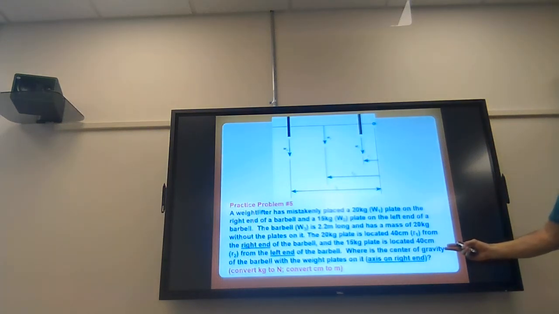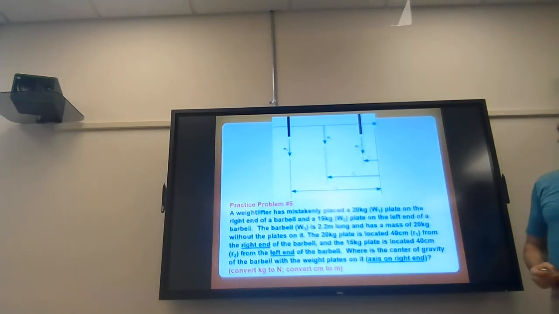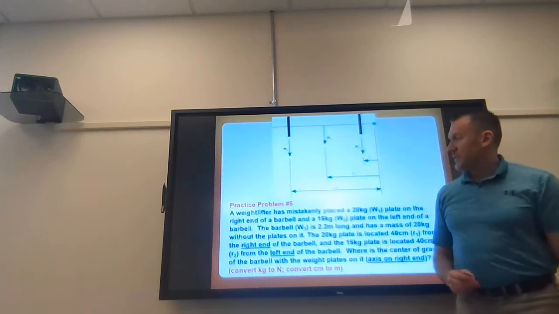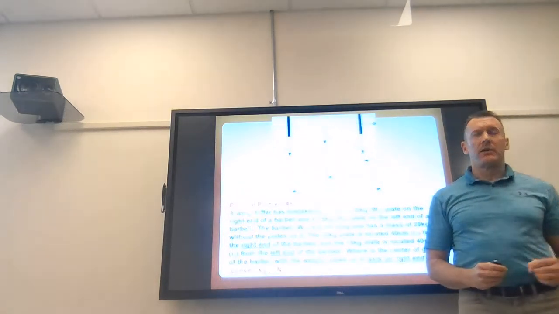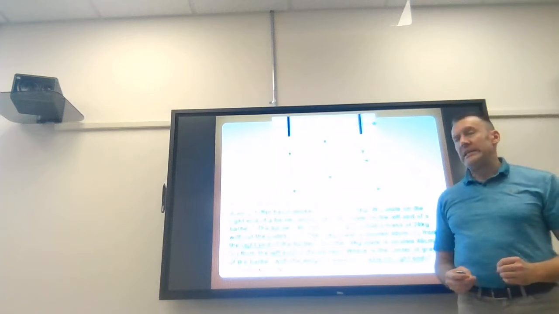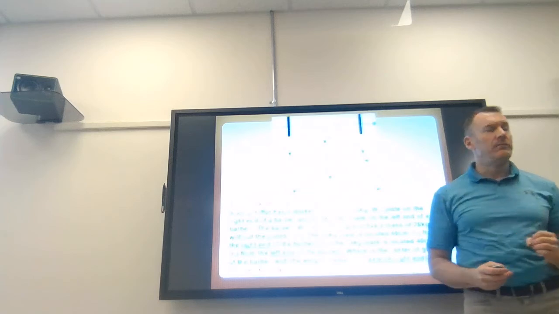Where is the center of gravity of the barbell with the weight plates on it, axis and the right end? Okay, so we need to convert kilograms to newtons. So let's do that to start off with. 20 kilograms multiplied by, let's do positive 9.81.